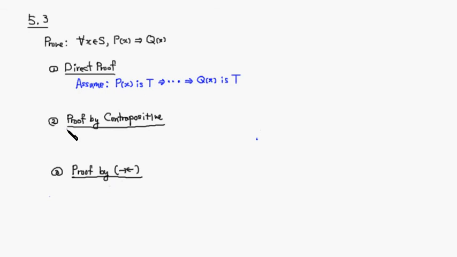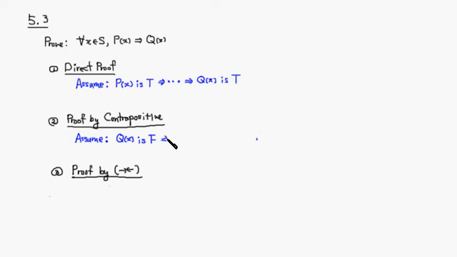If you want to use proof by contrapositive, we have to establish the contrapositive statement, which is logically equivalent to the original statement. So what you do is assume that the conclusion Q of x is false.